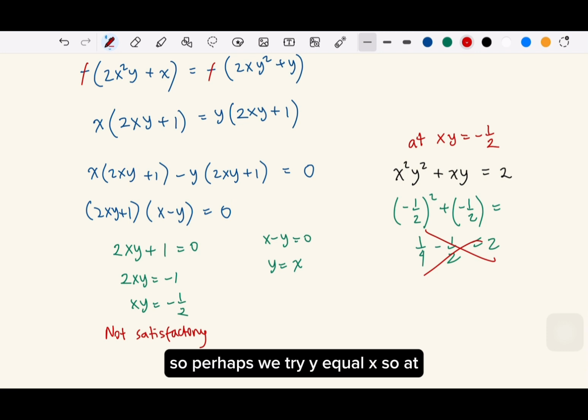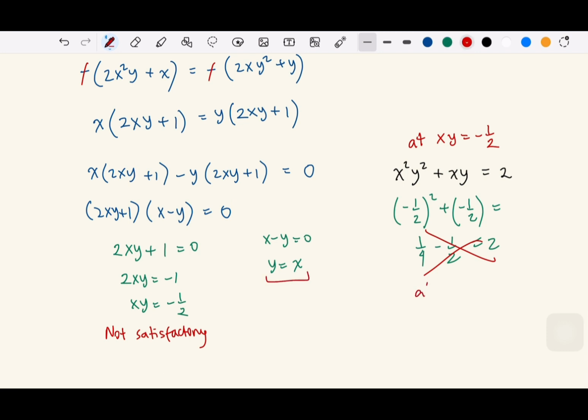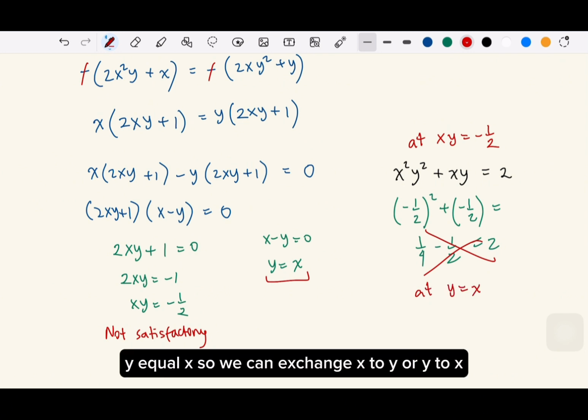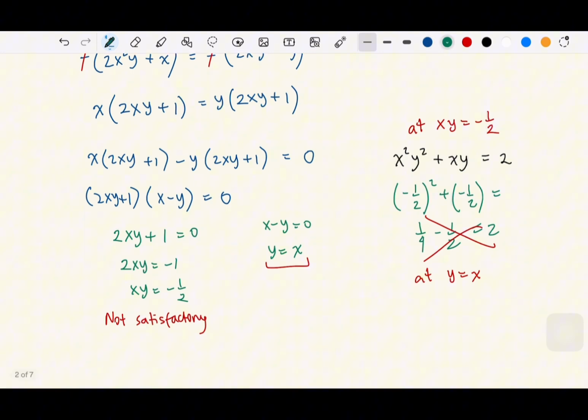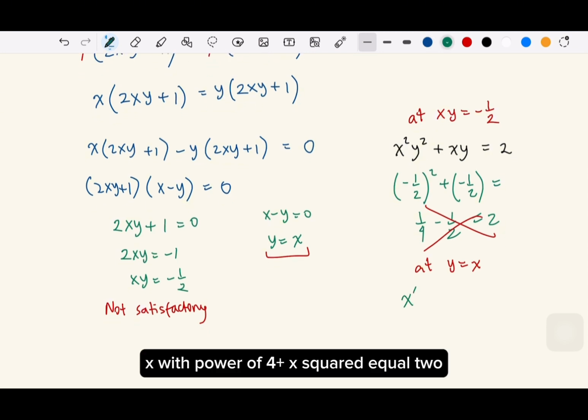So perhaps we try y equal to x. At y equal to x, we can exchange x for y or y for x. We can write x to the power of 4 plus x squared equal to 2.